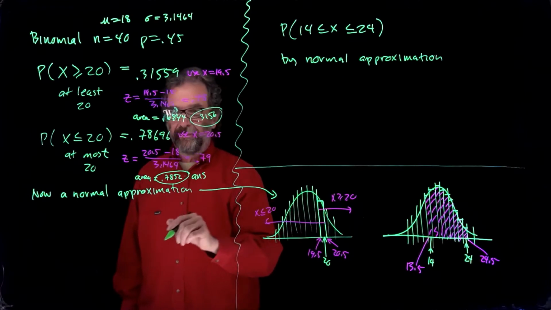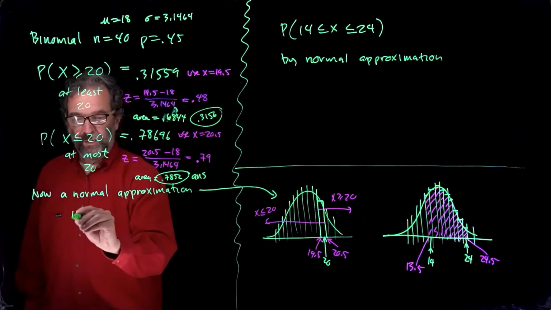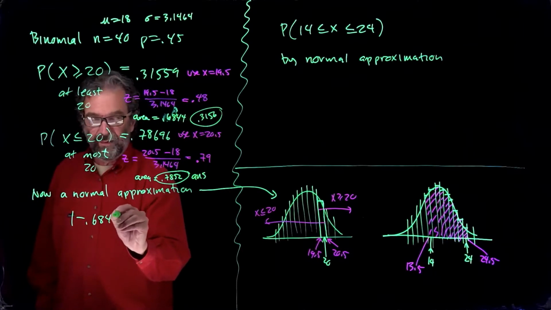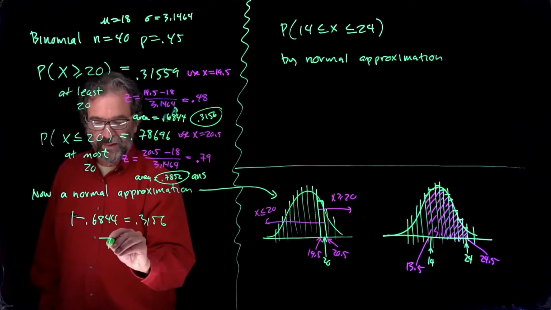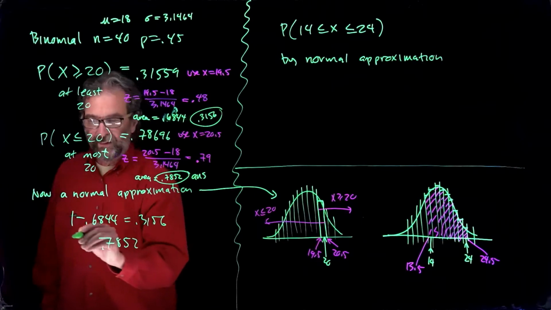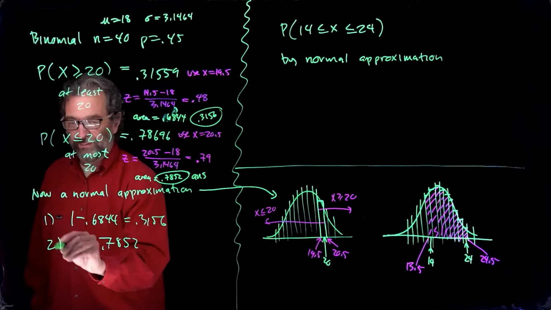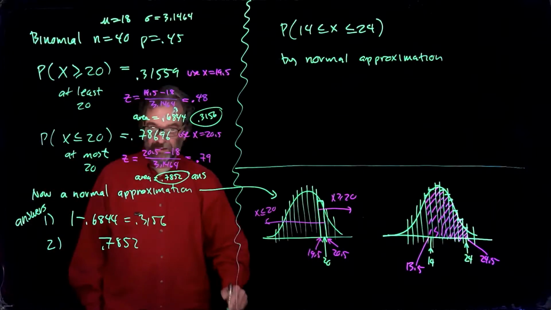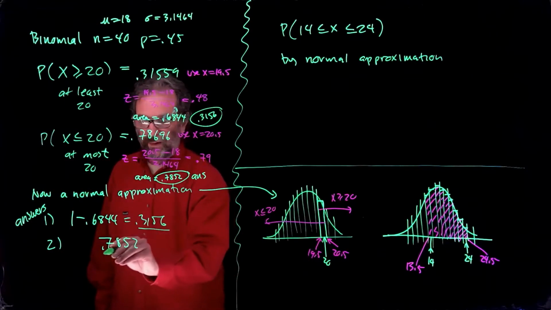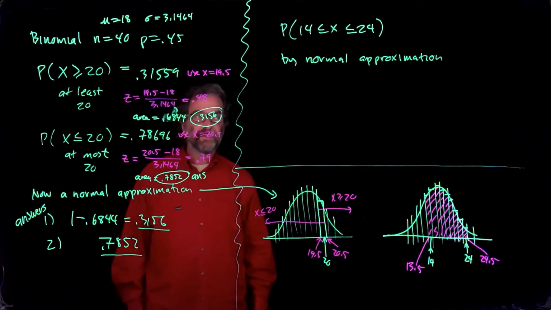So for 1 and 2, the answers off of the tables are 0.3156 and 0.7852.